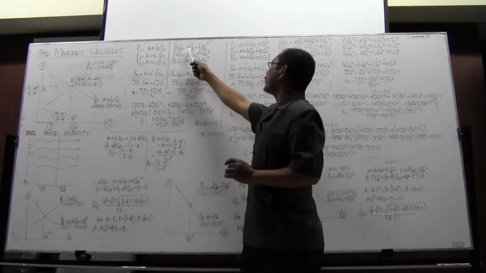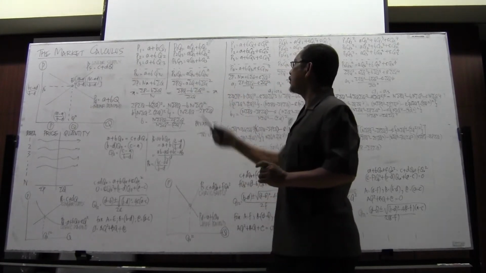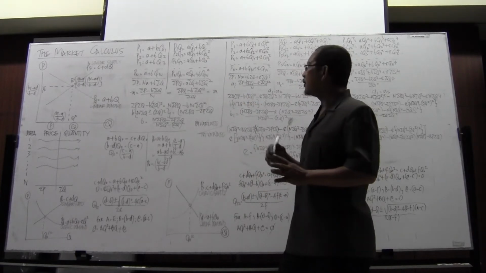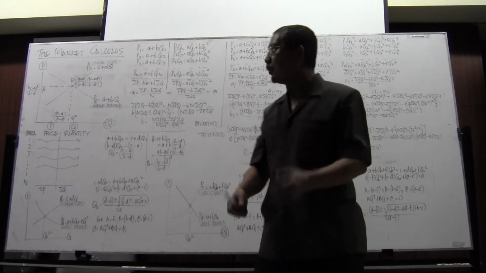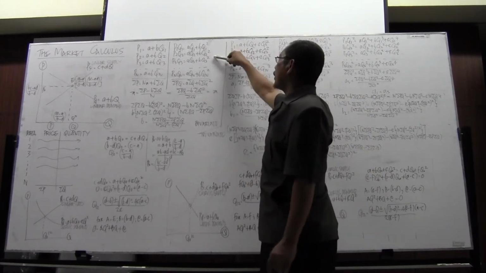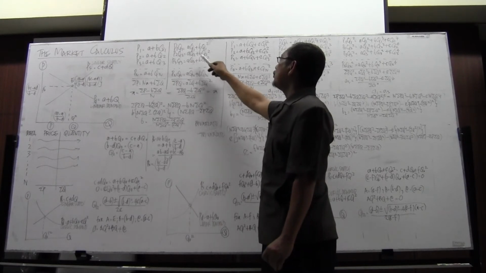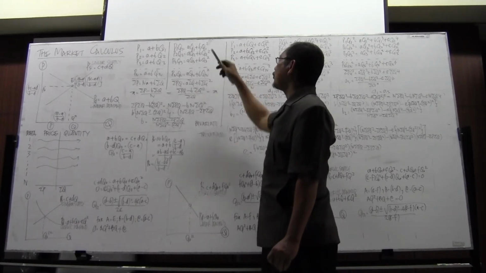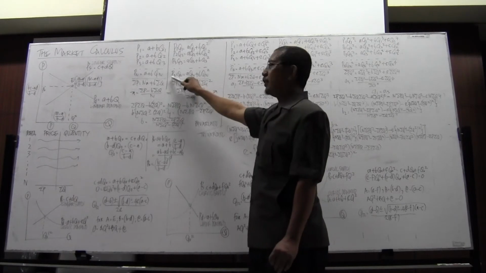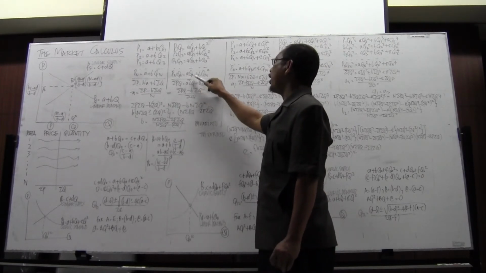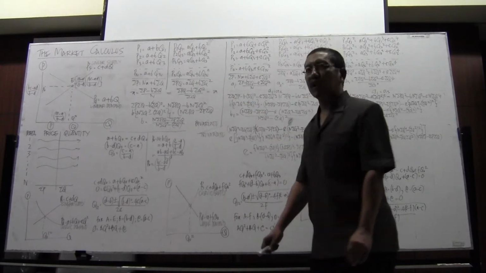Then for the second step, we try to find the P times Q. For the first one, it's A times Q1 added by B times the square of Q1. And P2 Q2 is A Q2 added by B, the square of Q2, etc. So at the end, Pn Qn is equal to A Qn added by B square of Qn.